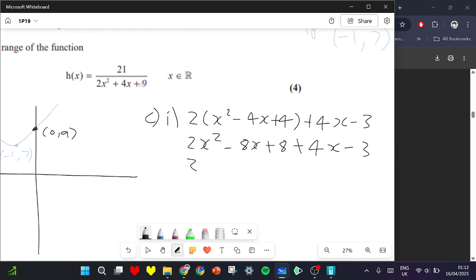Yeah, and then just add the stuff that's the same, so -8x plus 4x is going to be -4x, and then 8 minus 3 is going to be +5.